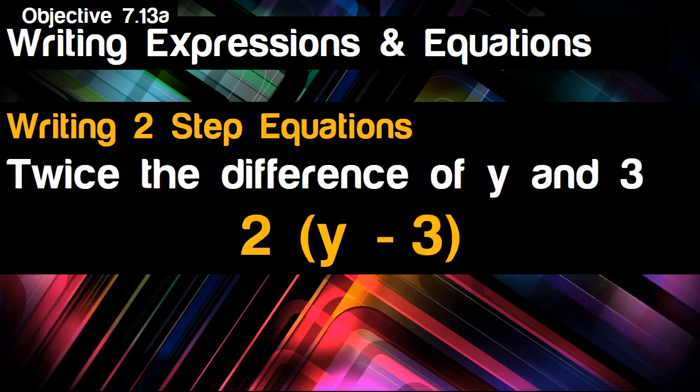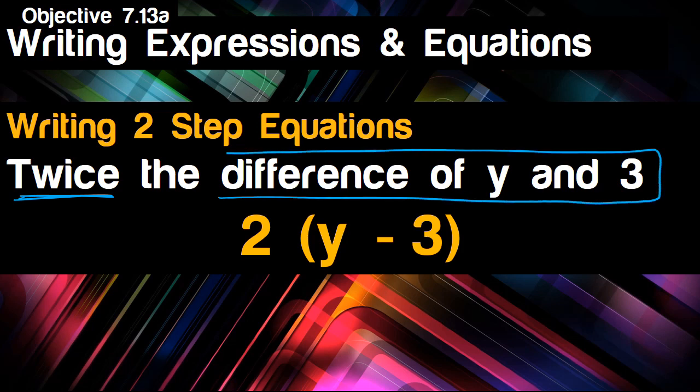So what about twice the difference of y and 3? Twice means we're going to be multiplying by 2. We also have the difference of y and 3. Let's focus on that first. The difference of y and 3 would just be y minus 3.